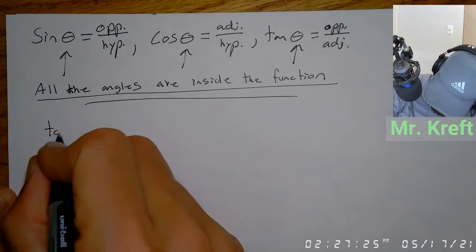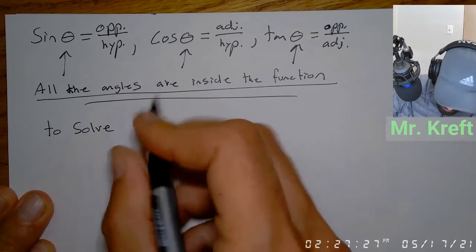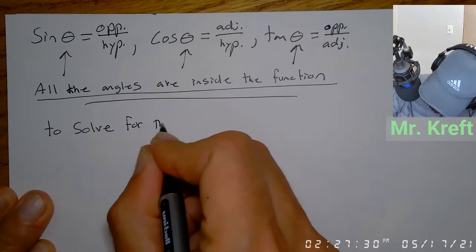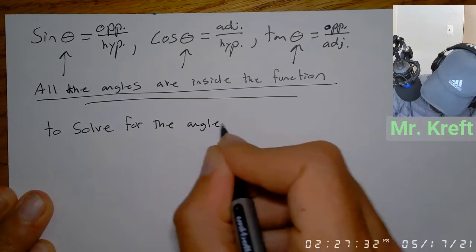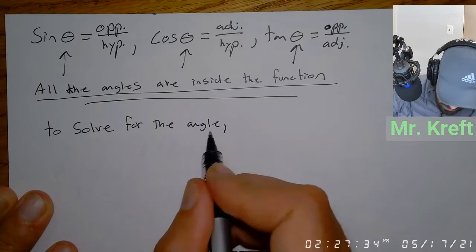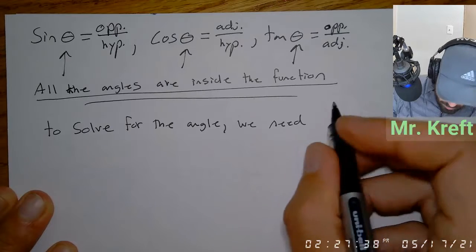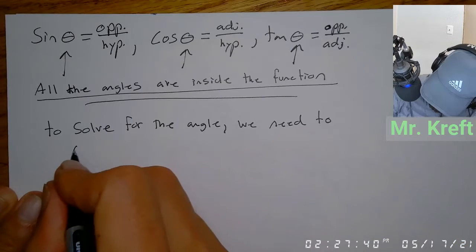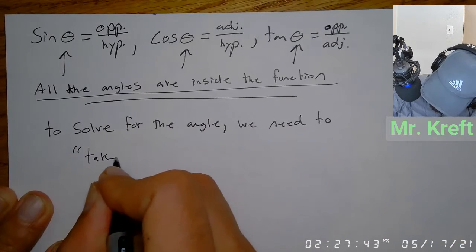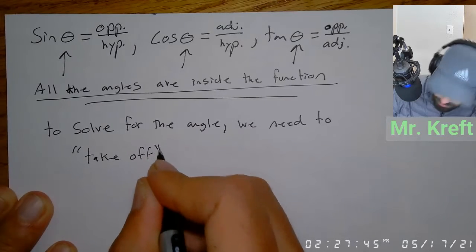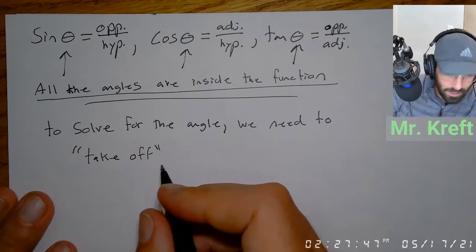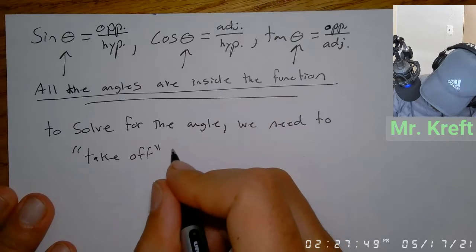Okay? So to solve for the angle, we need to, and I'm going to put this in quotes, "take off", because this is kind of street definitions, the function.